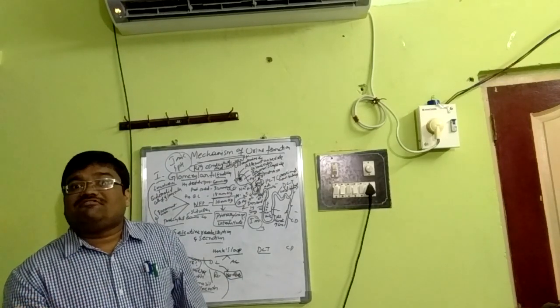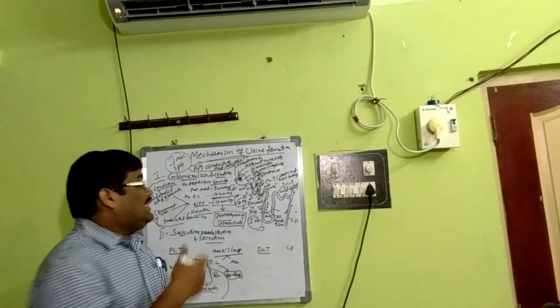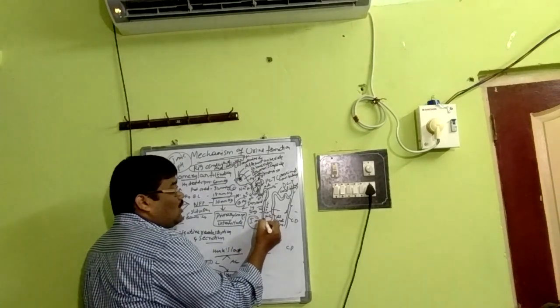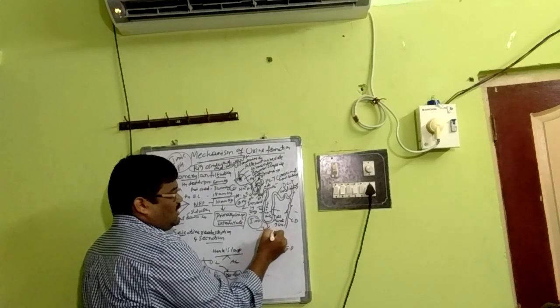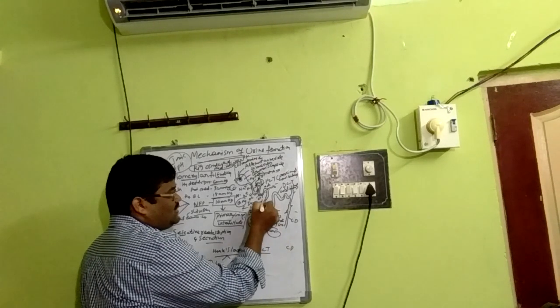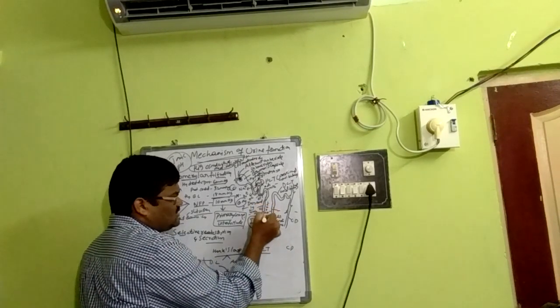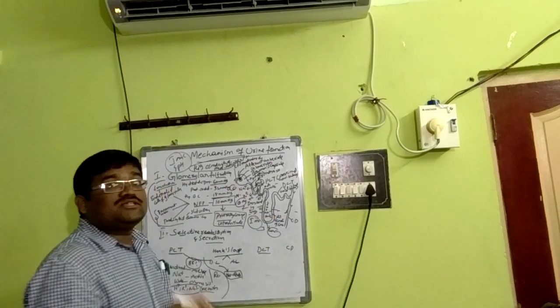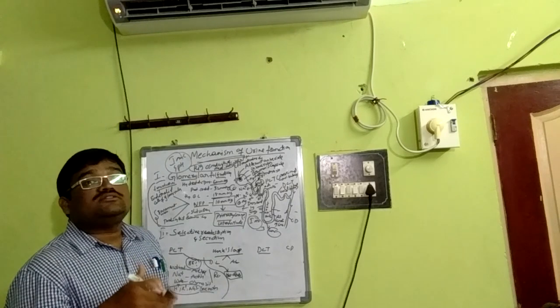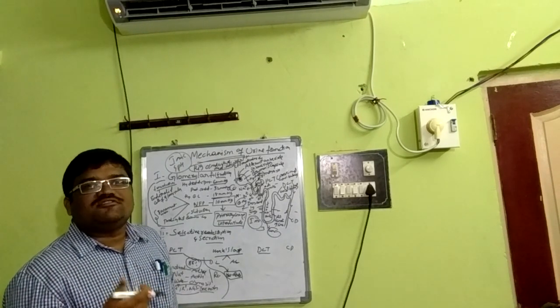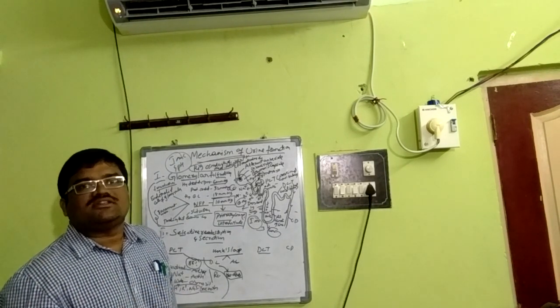And what is the inference? It leads to the production of a concentrated filtrate when it goes down towards the inner medulla, because water is being reabsorbed in the descending limb. This is very important. I told you concentrated urine will be produced in phases. This is one of the phases.